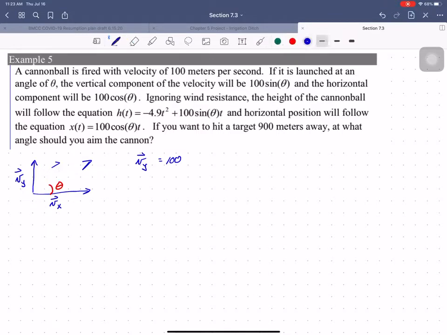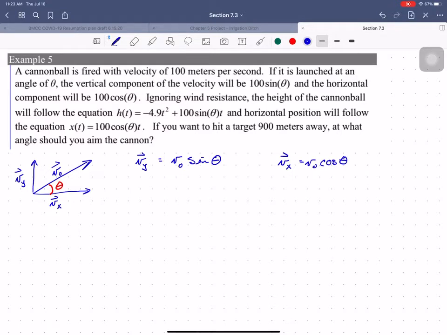So if this is v naught, it's v naught sine theta. And your horizontal velocity is v naught cosine theta.